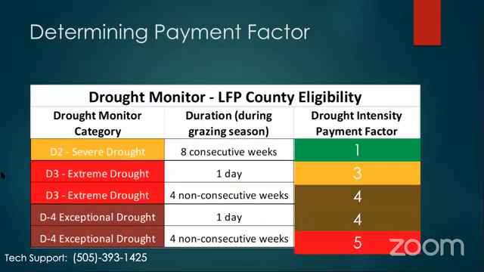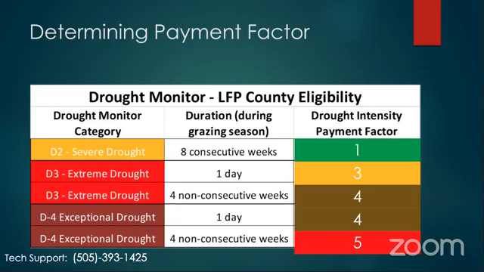So people always ask, how come I'm only getting a tier 1 payment and my neighbor in another county is at a tier 4? This is a really great chart that our national office has provided to us. And this kind of goes into how we determine how much each county and each producer in each county should get.